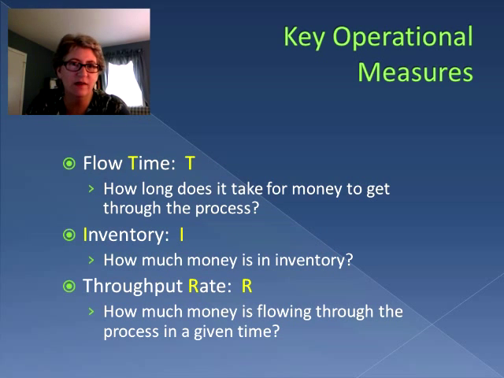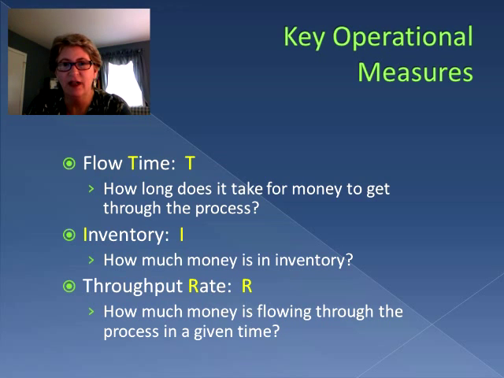Little's Law concerns itself with three particular operational measures: flow time, how long it takes to get through the process; inventory, how much is going on in the process; and the throughput rate, what's going through the process in a given time.